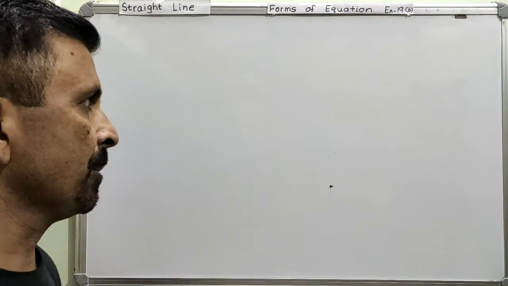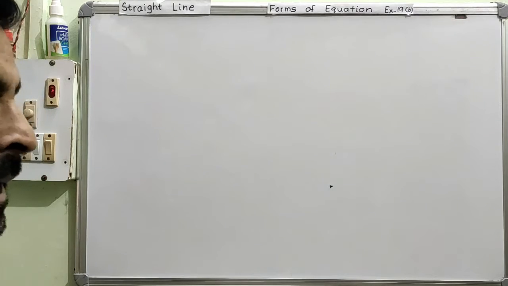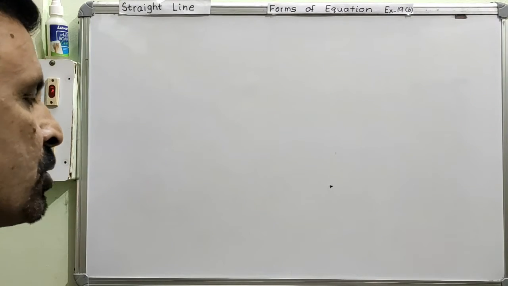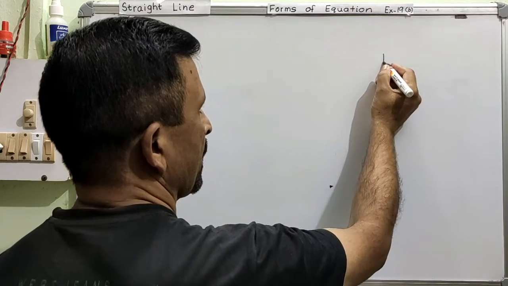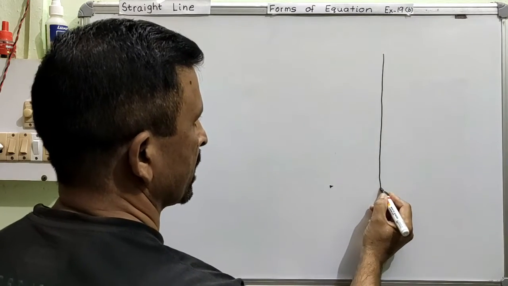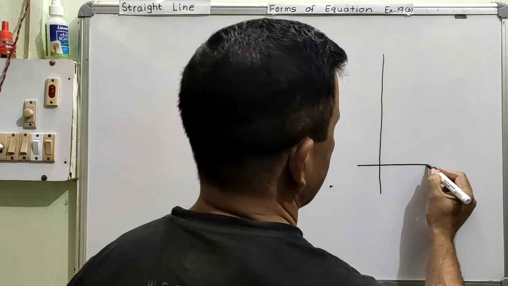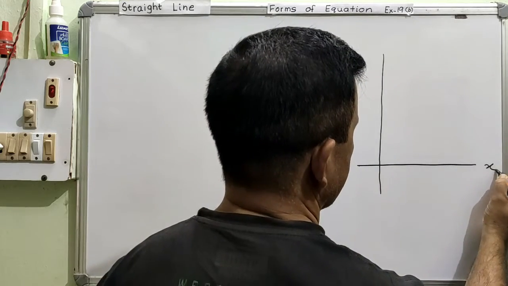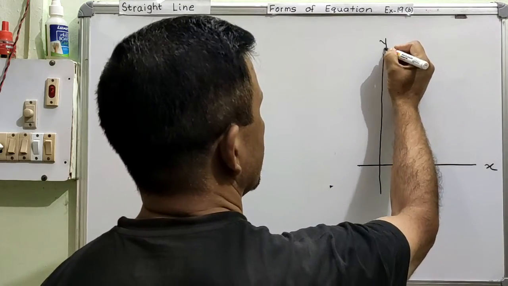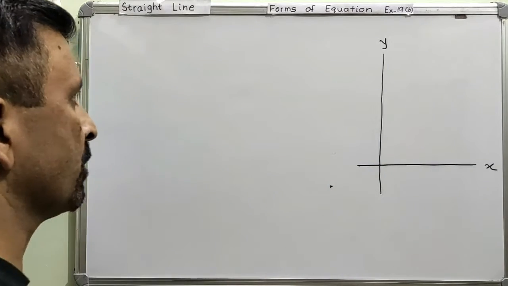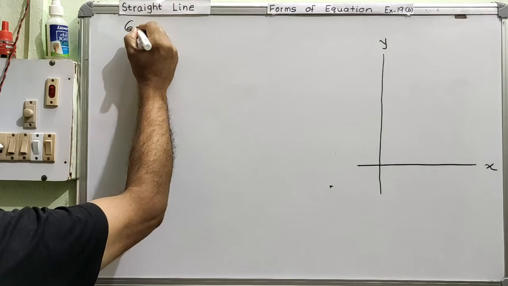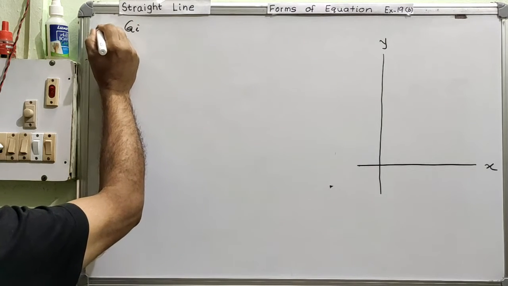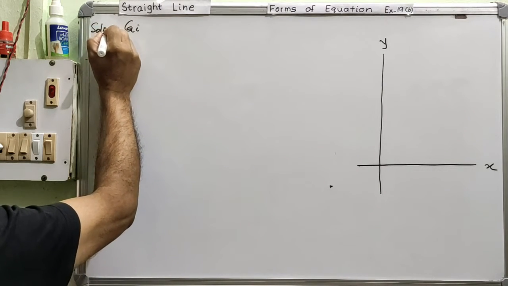So first of all, we will try to show the diagram. Let us draw the coordinate axes. This is our x-axis and this is the y-axis. This is the solution of question number 10.